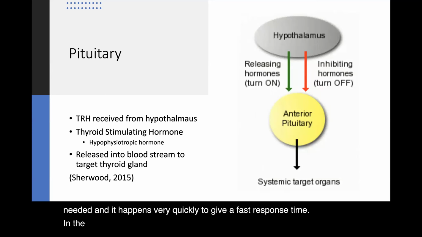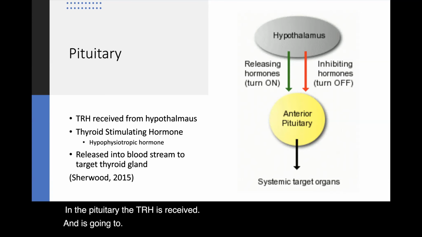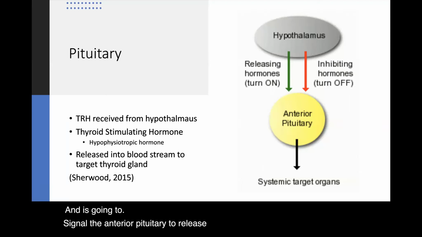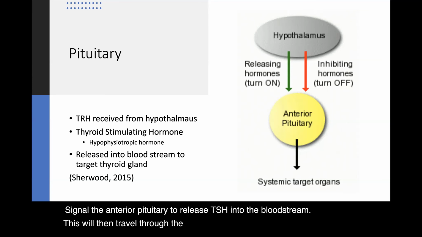In the pituitary, the TRH is received and is going to signal the anterior pituitary to release TSH into the bloodstream. This will then travel through the bloodstream to target the thyroid gland.